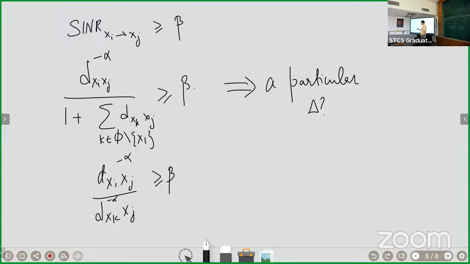And this implies that, dropping everybody else except one, just keeping any one of them, what does it tell you? That d(xi, xj) is smaller than what times d(xi, xj)? This is only possible if you take 1 to the power 1 by alpha.